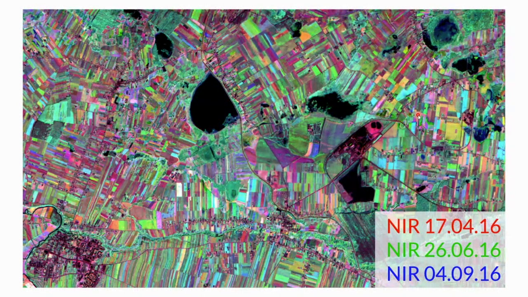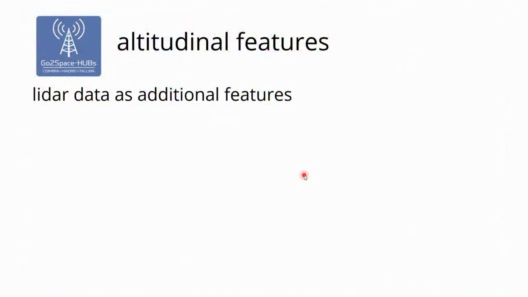We didn't compose different bands, but the same near infrared band from different dates. So actually every color means a different profile of this parcel, pixel, object, whatever. So this is how we can get the information about crops, for example, but also other stuff. Why not?